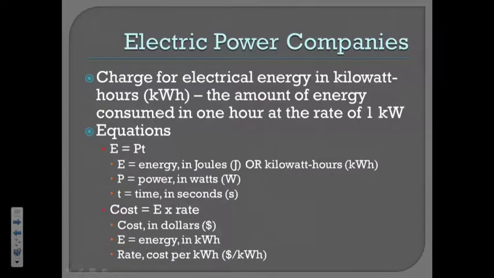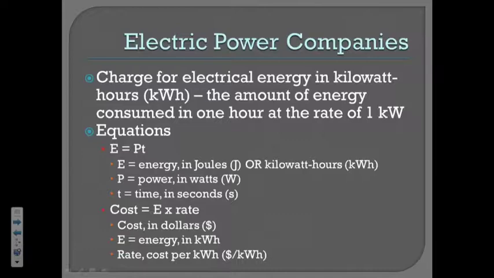You figure out the power in kilowatts, and then you multiply that by the number of hours that it was used. Let's say that they charge you 10 cents per kilowatt hour. Then you'll take the kilowatt hours that you had, multiply it by 10 cents, and you'll get your number.